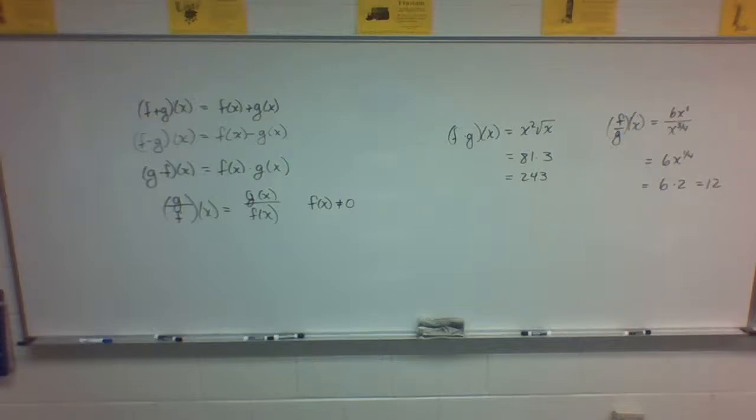And so all you have to do is go to your home screen, now that we've got y1 and y2 in there, and it will treat it like a function. What we want to do when we add f to g is f of 2 plus g of 2. In calculator notation, that's y1 of 2 plus y2 of 2. You see it?